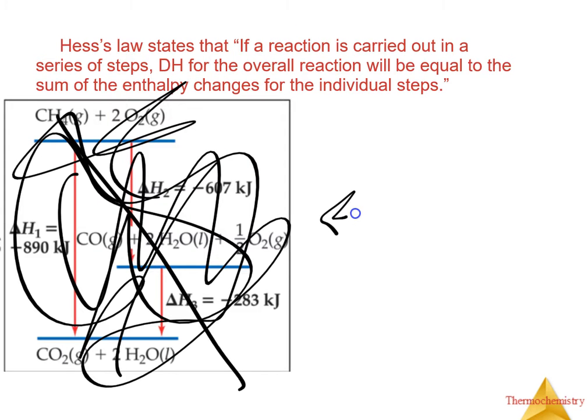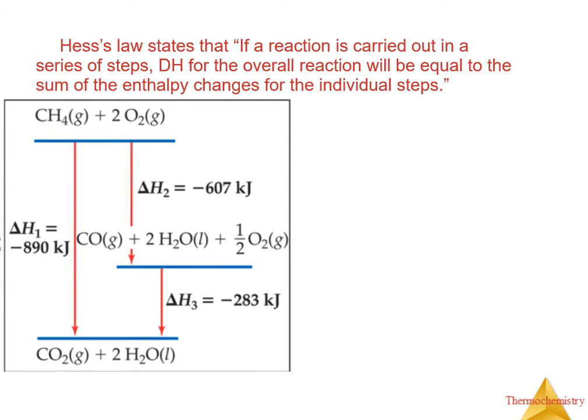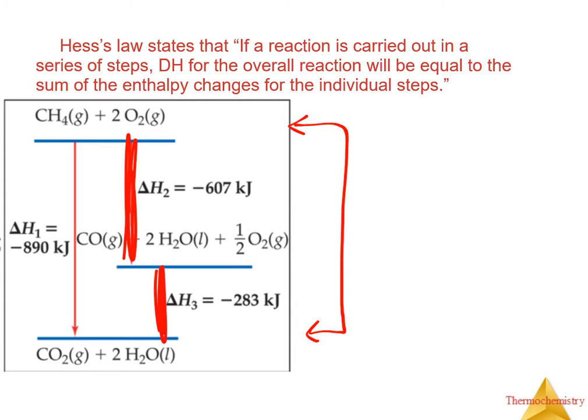It's saying, hey, we may not know the whole thing, but if we know from here to here, or here to here, and we add them, they're going to be equal. That's all it's saying.